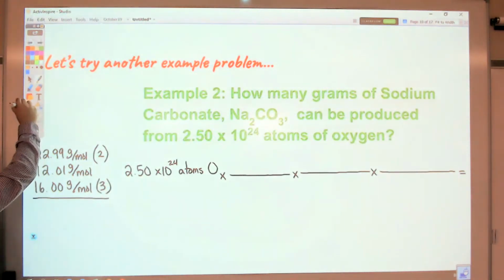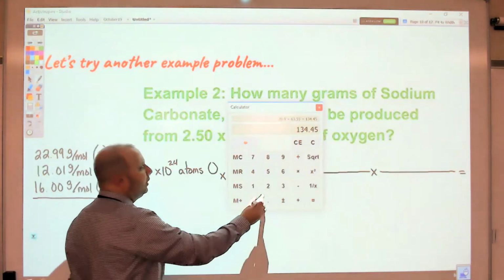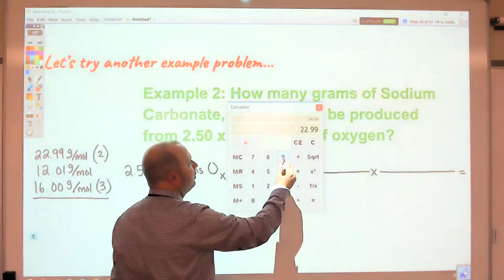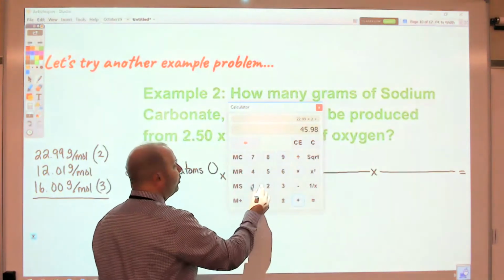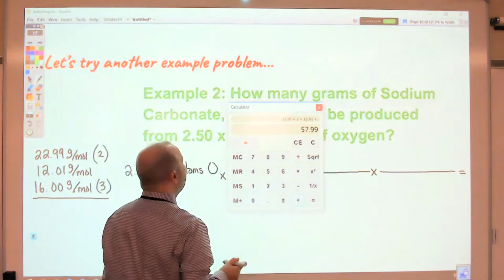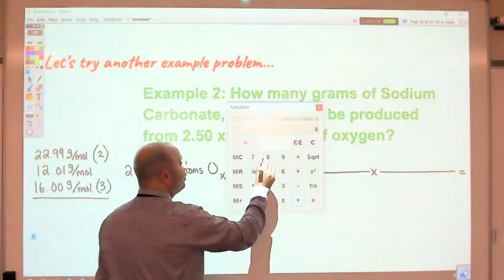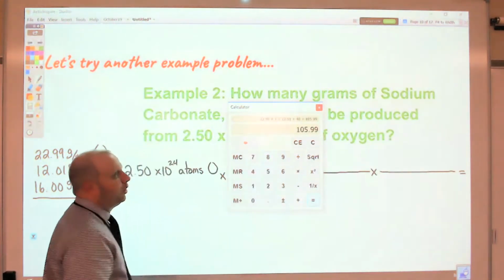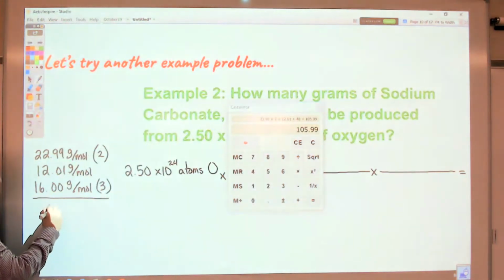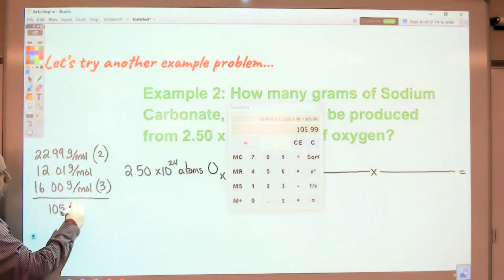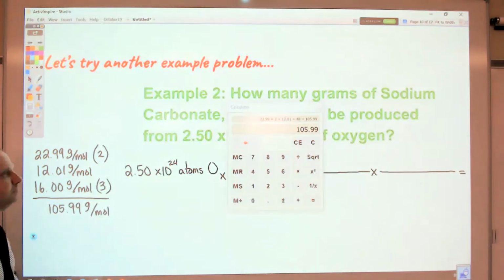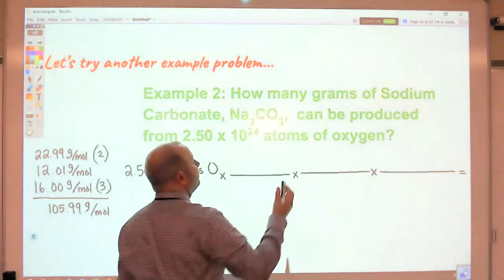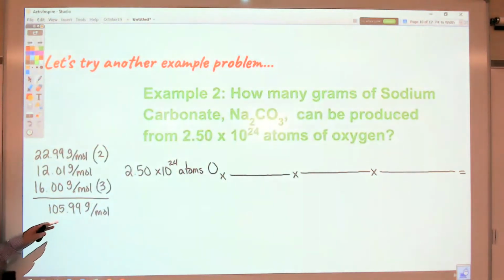So adding this together, 22.99 times 2 plus 12.01 plus 16 times 3 is 48. So I have 105.99 as my molar mass. Not ready to use that just yet.